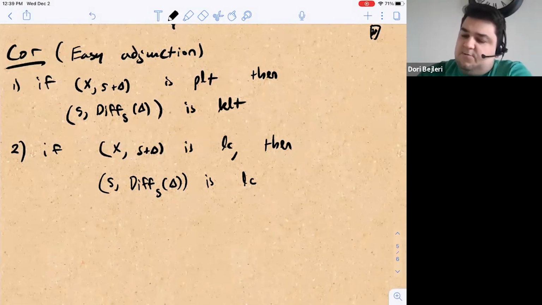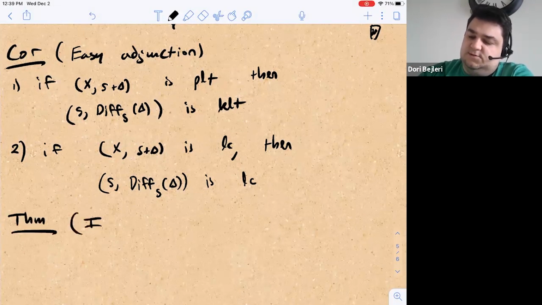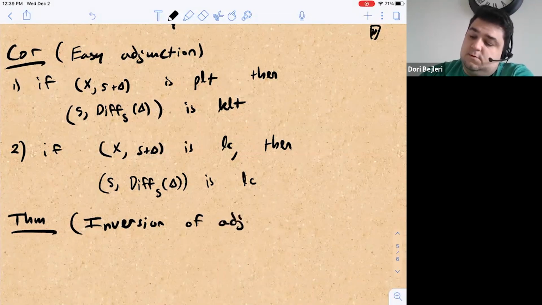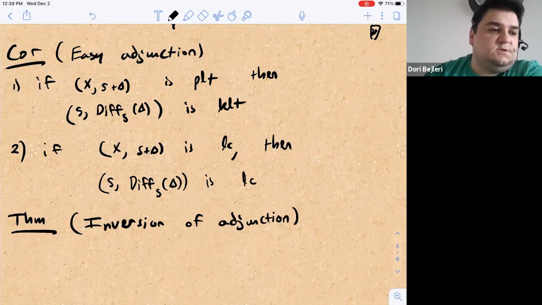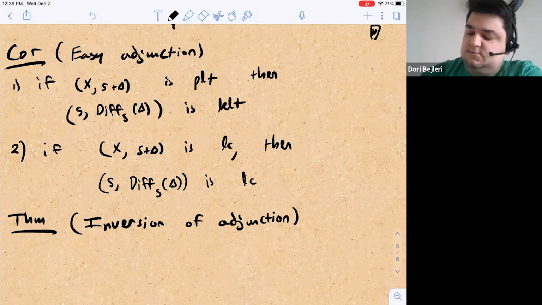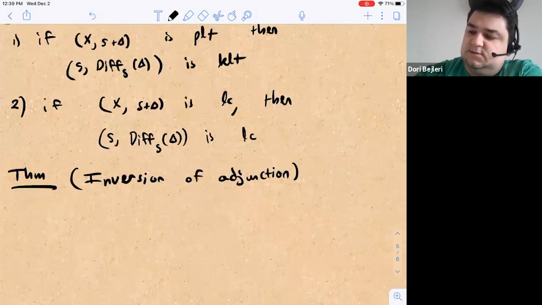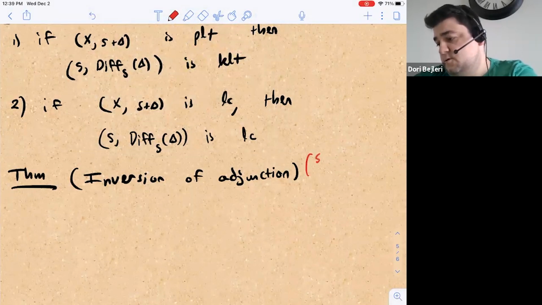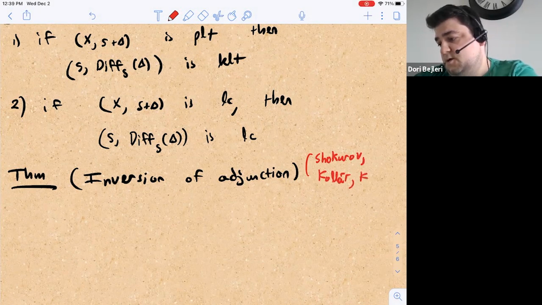Okay, but now I wanted to at least state, though not prove, the hard theorem, which is usually what's called inversion of adjunction, which is the other direction for these statements. So let me just summarize it, and I'll say this is due in various forms to Shokurov, Kollár, and Kawakita.